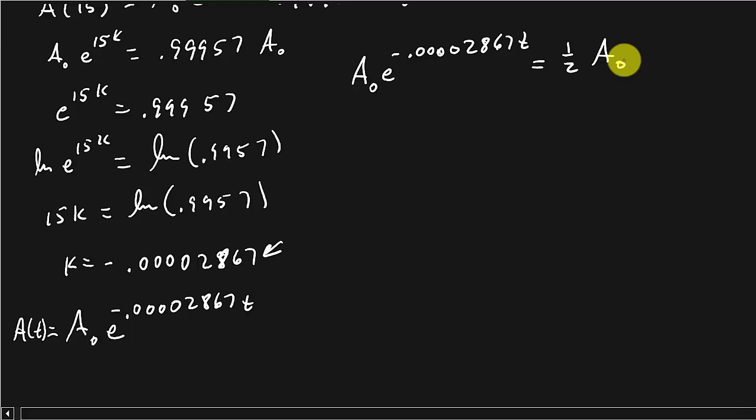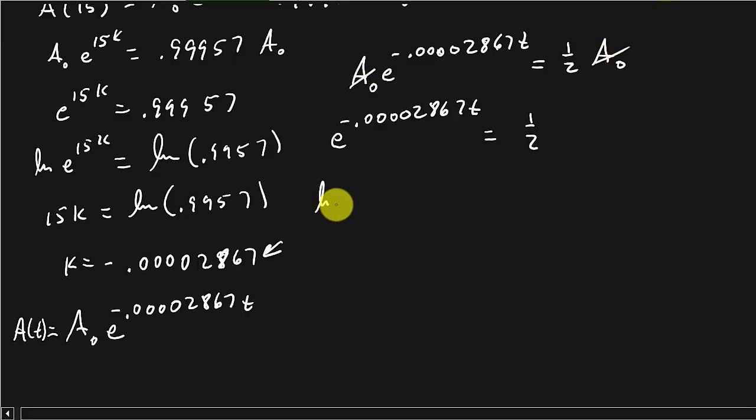And notice in the problems here, it doesn't really matter if we know the exact initial amount or not. Now we just solve for t. We get e to the negative 0.00002867 t is equal to 1/2. The A naughts cancel out.